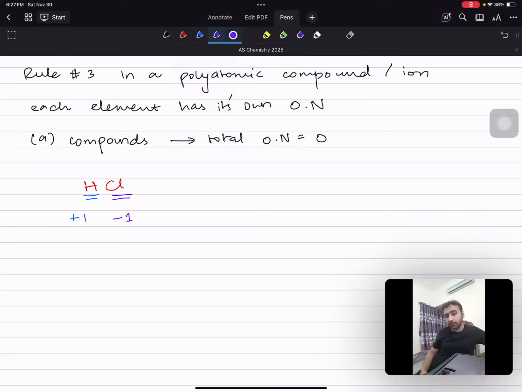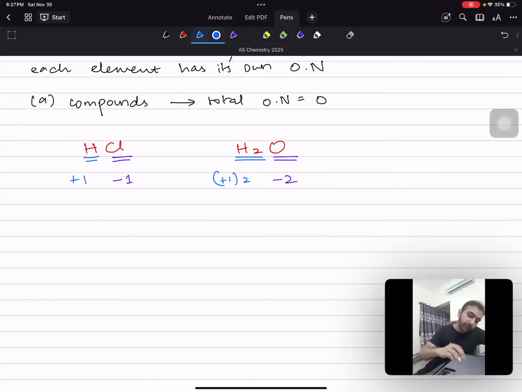How do we know this? We know this from the group number. When I talk about H2O, hydrogen, there are 2 atoms, each is +1 times 2, and oxygen itself is -2 because oxygen is group 6, it always has to be -2. Another example, a 3-atom compound, would be CO2, a very simple example.